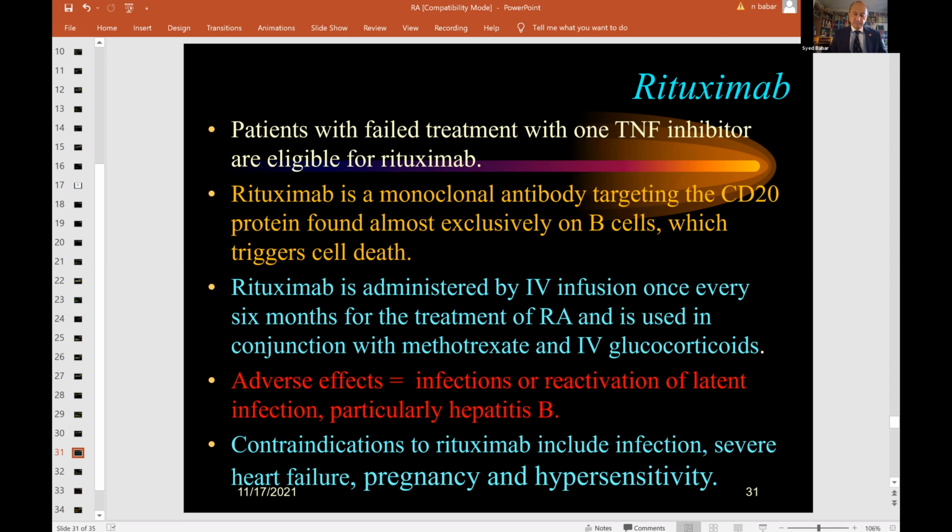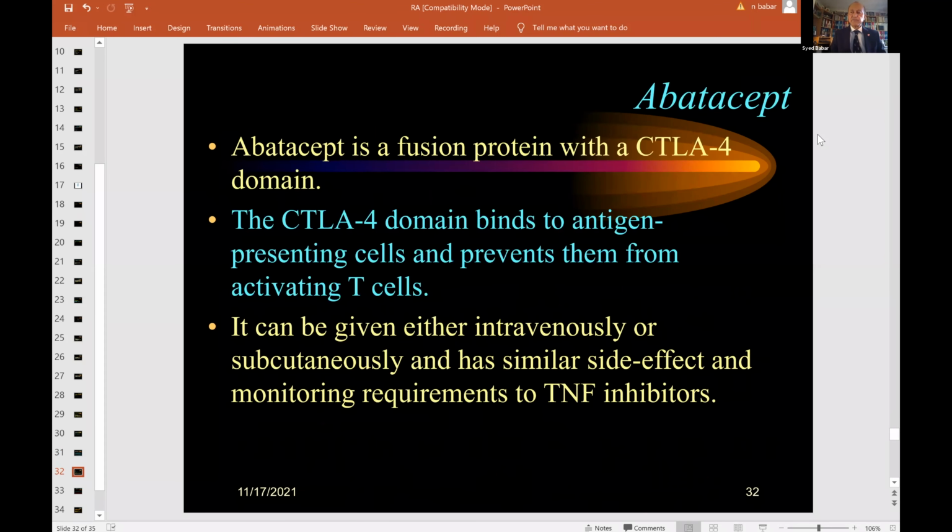It increases latent infections, and it is contraindicated in cardiovascular disease. Abatacept. This is a CTLA4 domain fusion protein, so it blocks the receptors completely. So it prevents activation of T cells, can be given intravenously or subcutaneously. It's a new product.